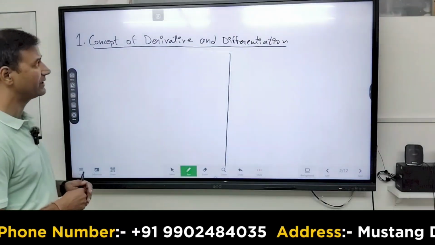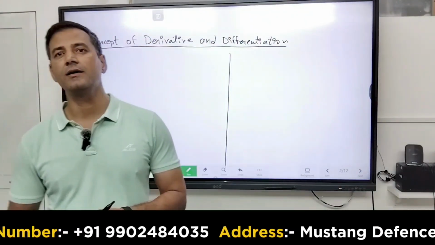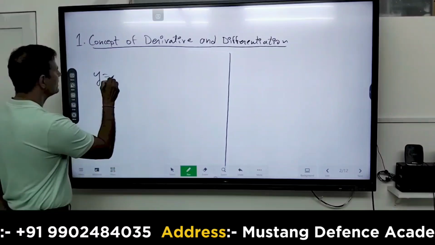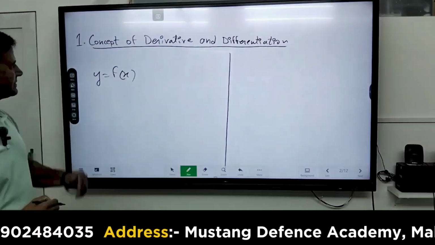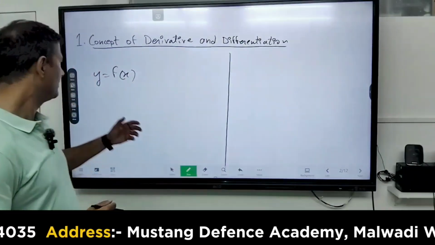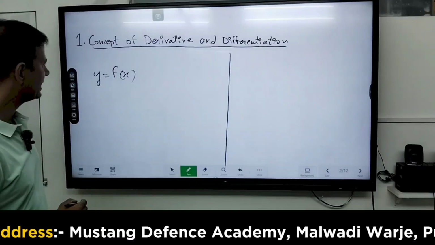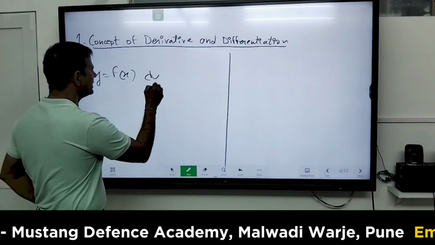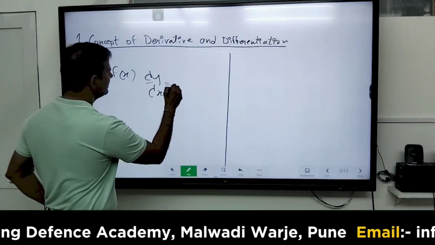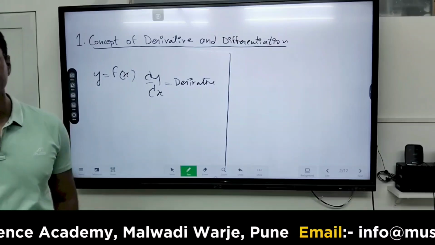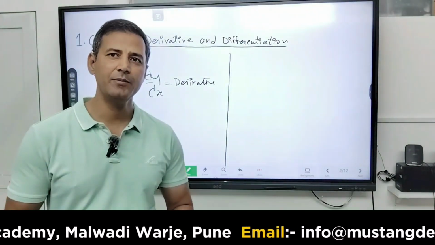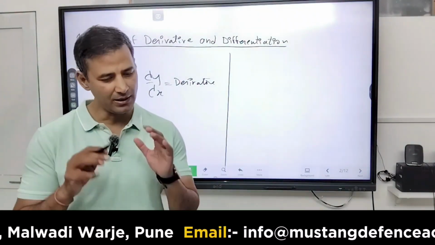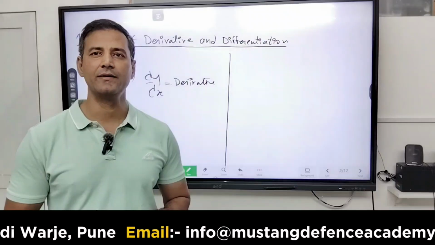The concept of derivative: if y is equal to f of x, x is an independent variable and y is a dependent variable, then dy by dx is the derivative. The rate of change of the dependent variable with respect to the independent variable is the derivative.